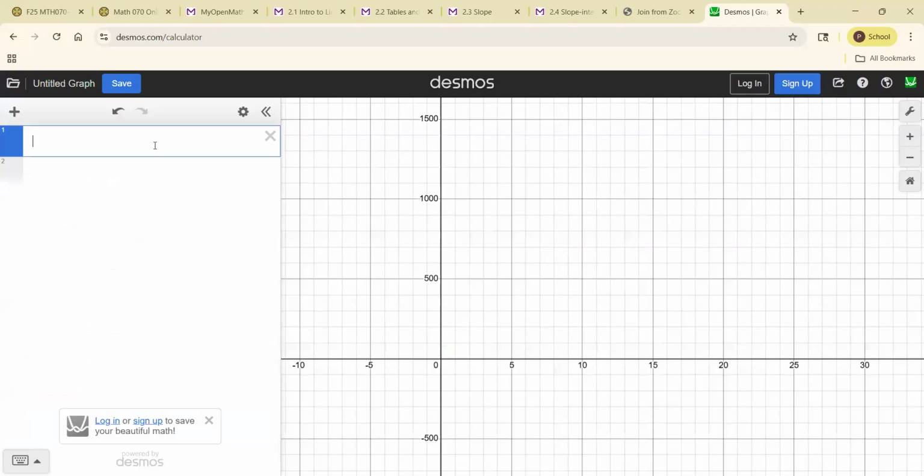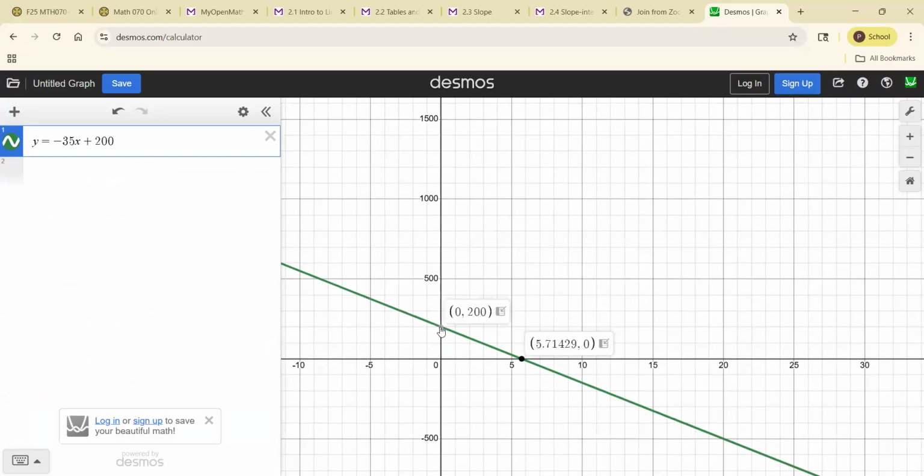I don't want to take that time, but I can do y equals minus 35x plus 200. And Desmos is nice enough to give you important intersections. And so I can see when time equals 5.71429, et cetera, distance is 0. So that's my answer, 5.7 hours approximately.